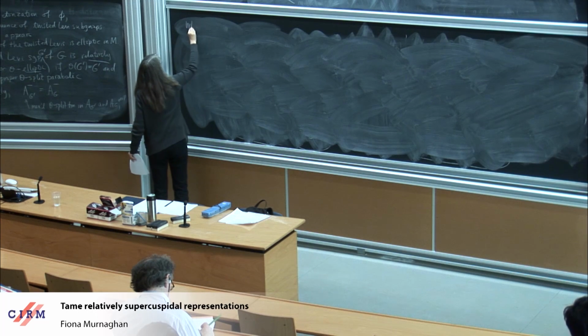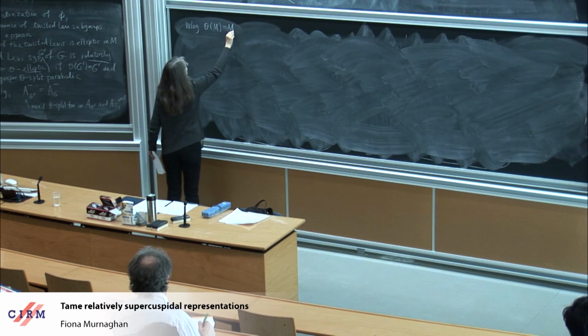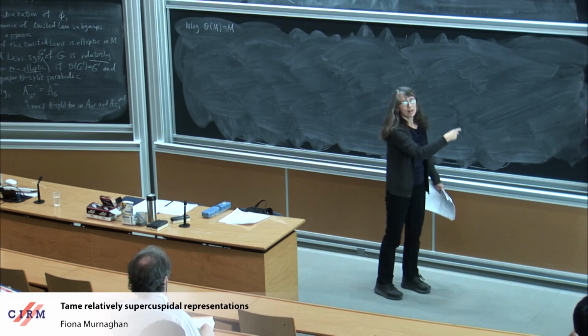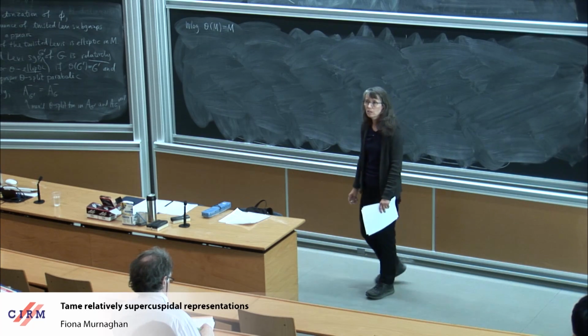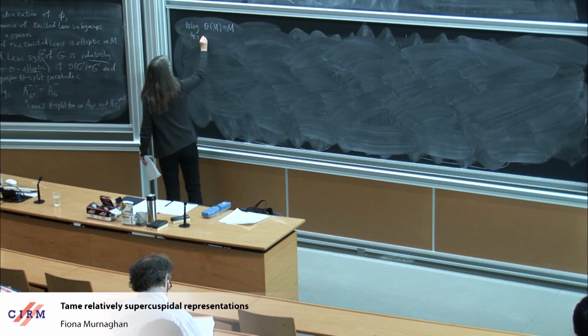Now, without loss of generality, we certainly know that theta of M equals M. By the theorem that I've just erased, we can assume that we've got something in our inertial support that's already distinguished. So let's assume it's relatively elliptic.